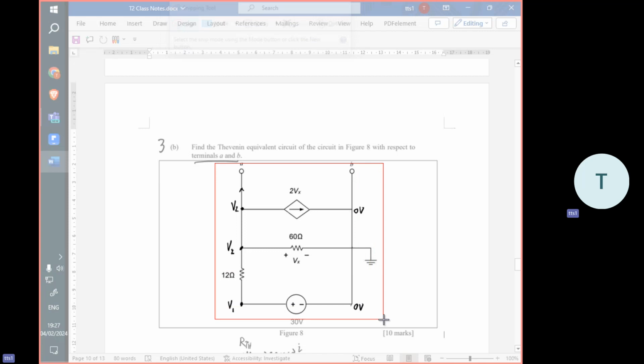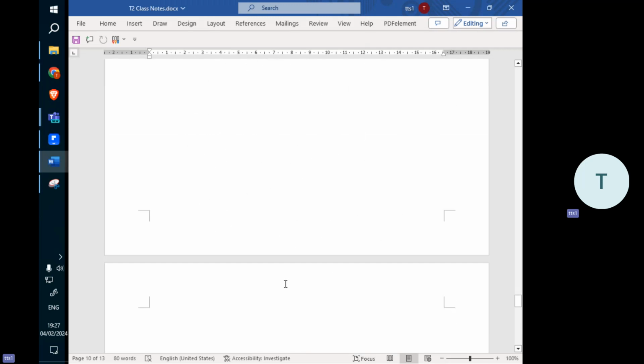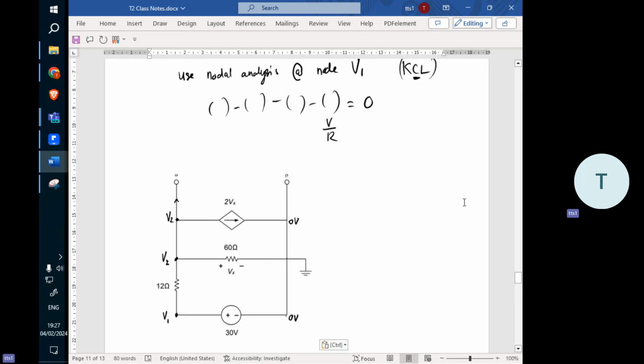To find the resistance, you need to find the short circuit current. So you take the original circuit here. For the RTH, this is the diagram I mentioned just now. You need to connect something there. And then you need to find the current I out here.